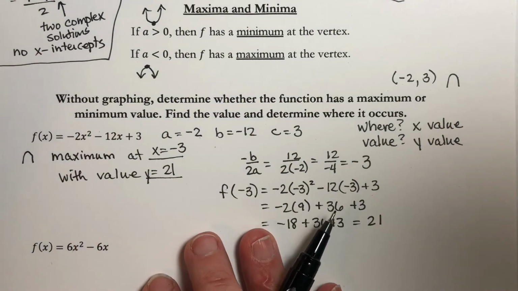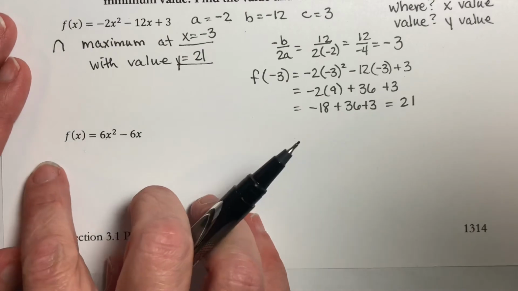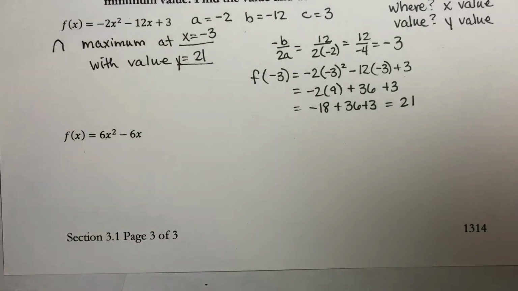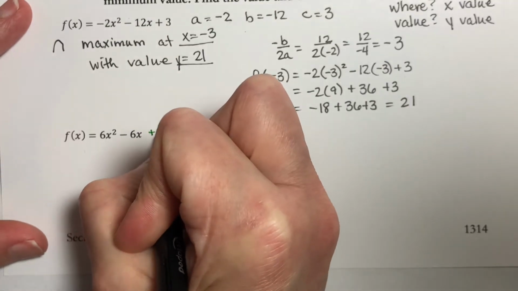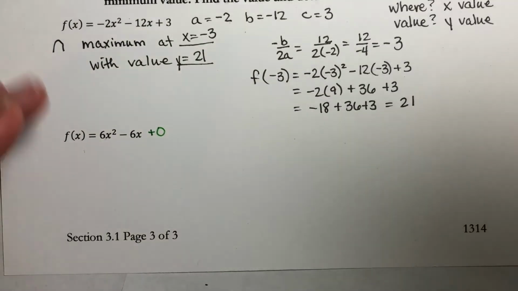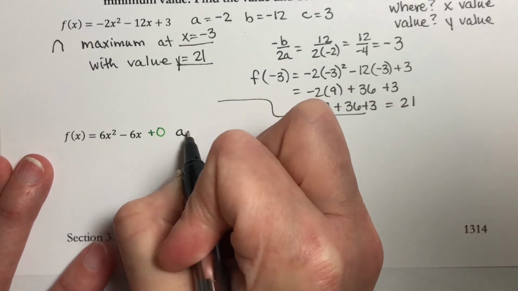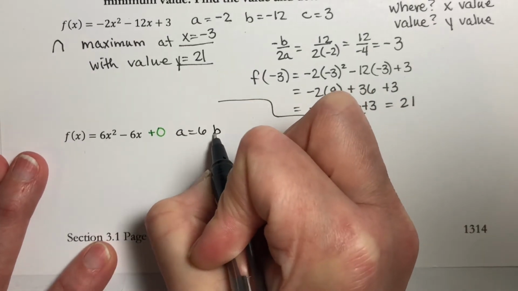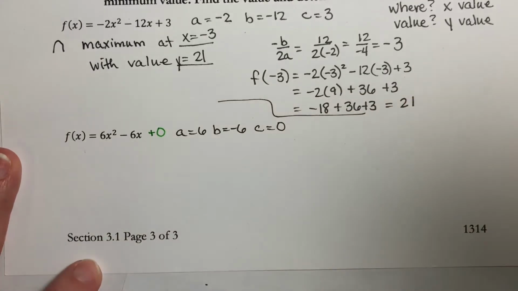Okay? So let's repeat that here. For f of x equals 6x squared minus 6x, and this is always plus 0. If you have a missing piece, you can imagine the 0 in there. So in this case, our a value is 6, our b value is -6, and our c value, if we should need it, is 0.